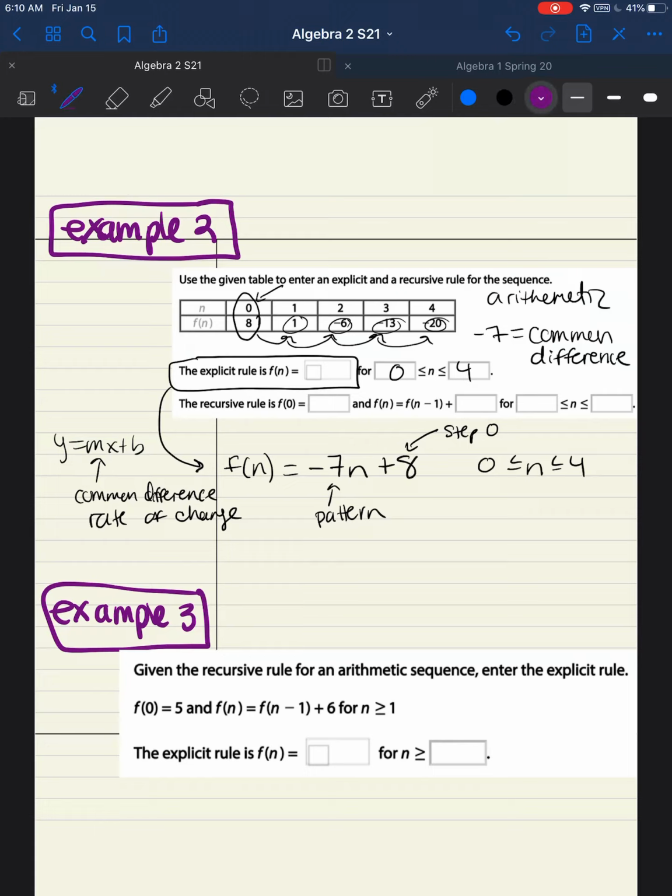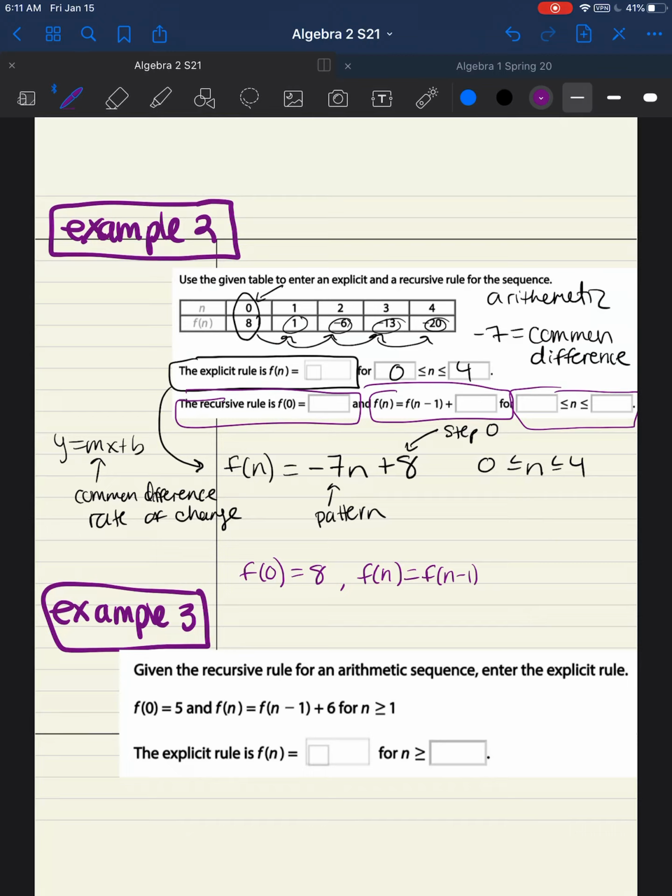Alright, the recursive notation, remember, has 3 parts. And so I'm going to write that down here, where we write our first step. Sometimes it's step 0, sometimes it's step 1, it depends. And then we have our recursive rule, where, remember, every time you read this, you're reading the previous step's value.